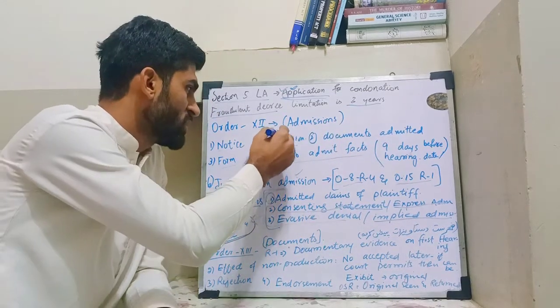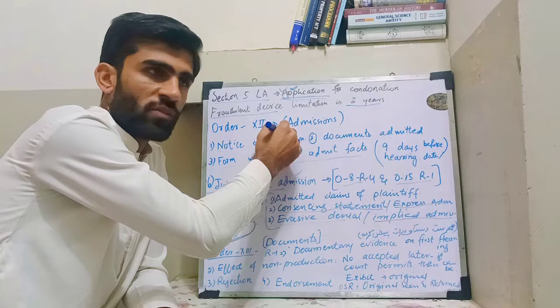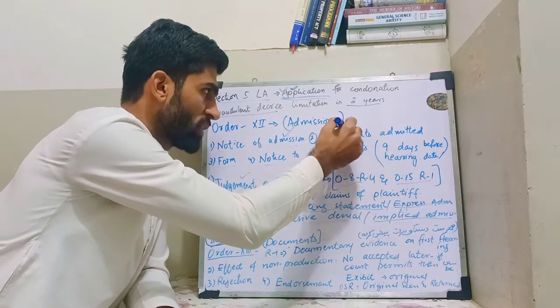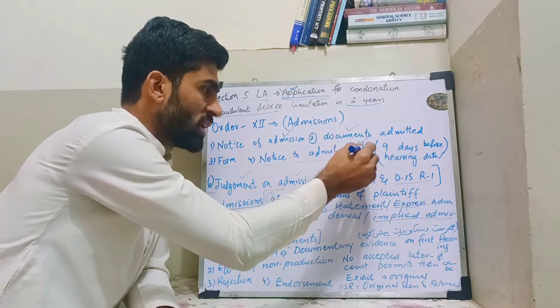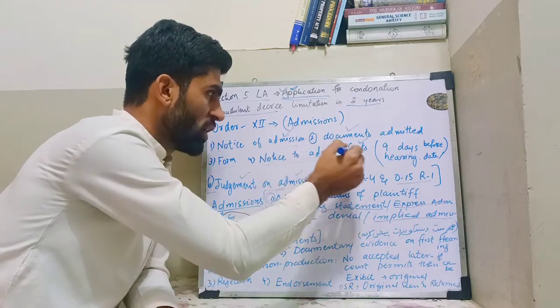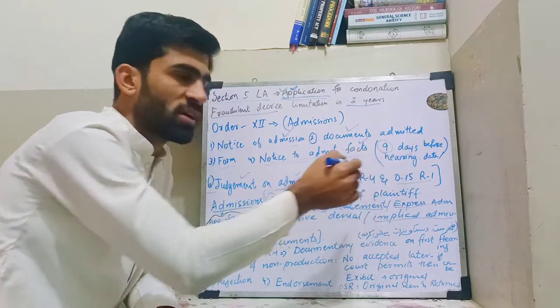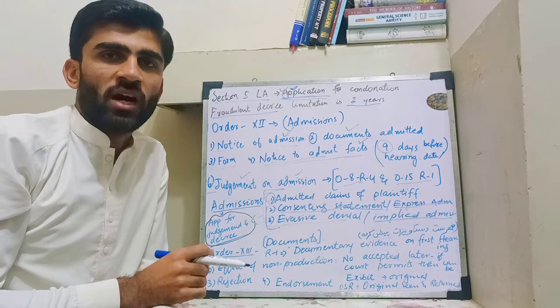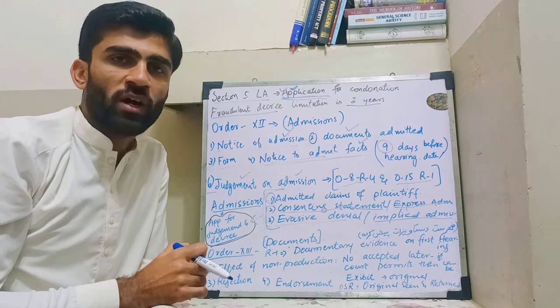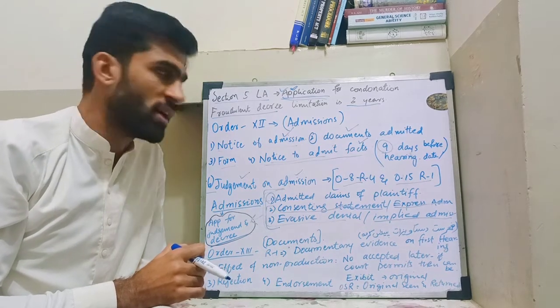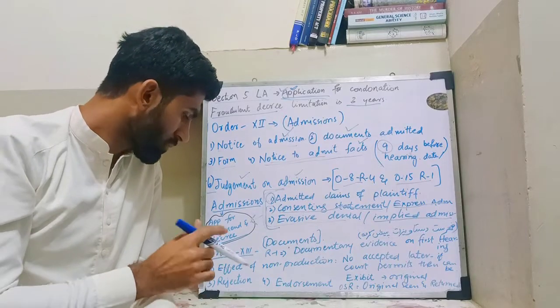So first of all there is a general notice of admission, then particularly for the documents, then particularly for the facts. But the notice of the facts you have to give nine days before the hearing date. Okay.